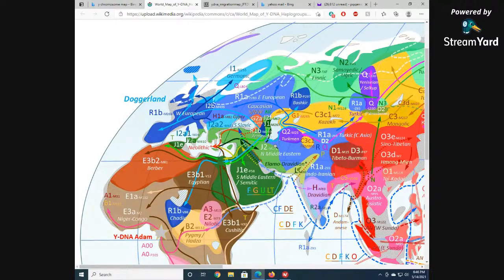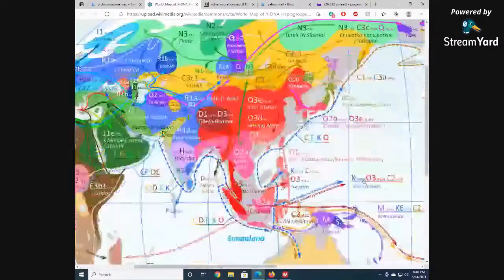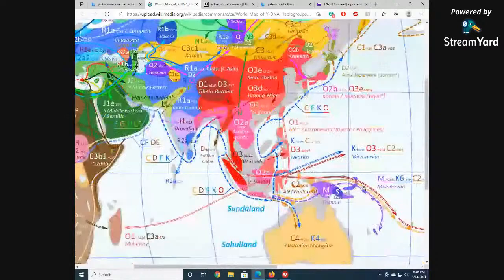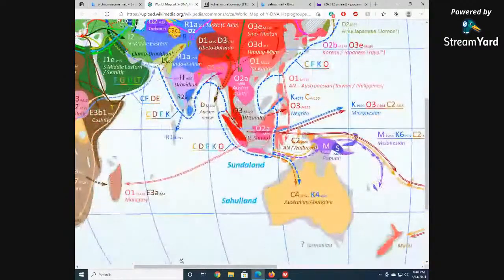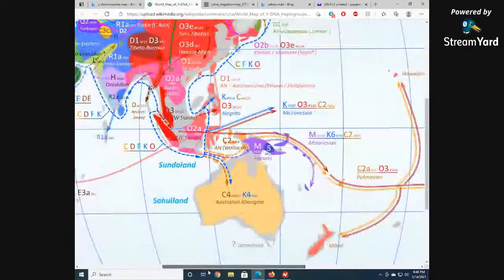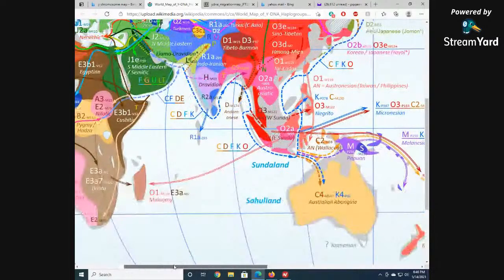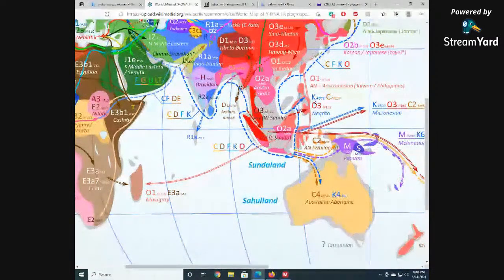They settled in this area below the Caspian Sea, and that would give them easy access to the east, which is the reason why the KY chromosome is in, of course, Micronesia, Melanesia, Australia, and these areas here, the Philippines.